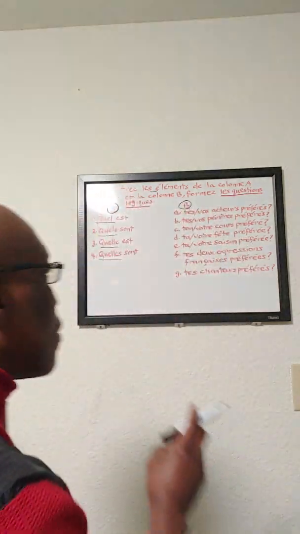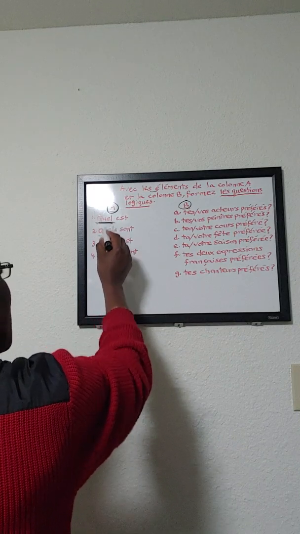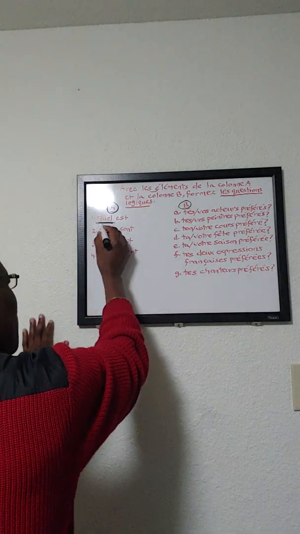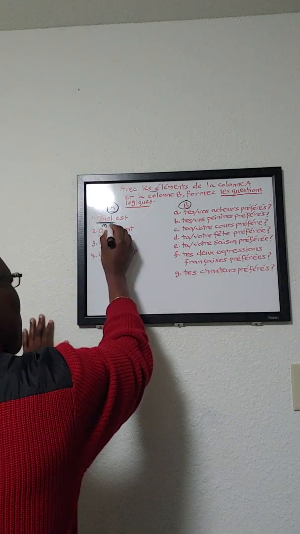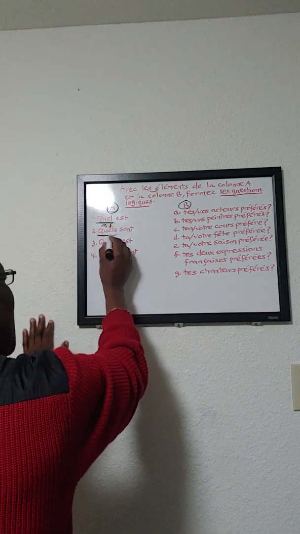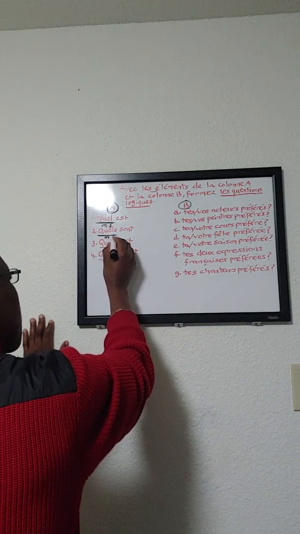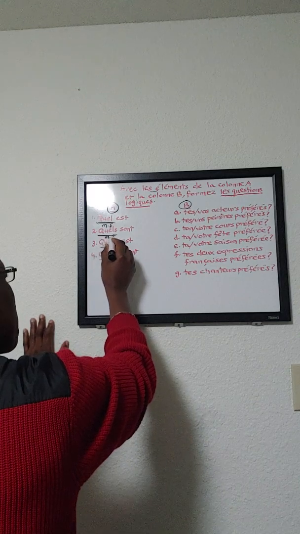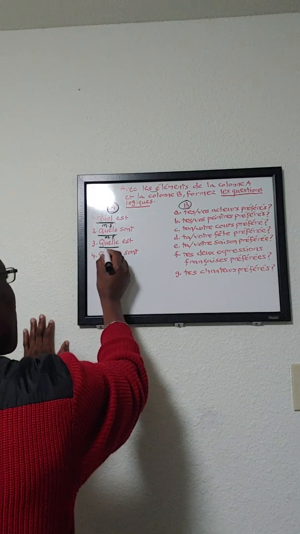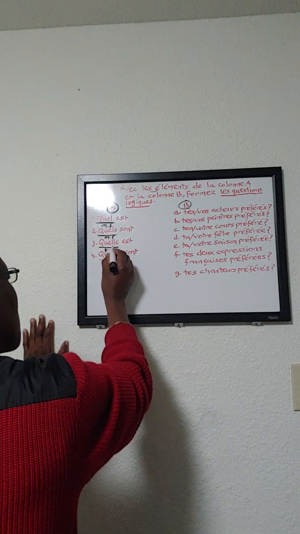Okay, so you will realize that quel here is masculine singular, right? So we will write MS. And then this quels is masculine plural. So we'll write MP. Now, 3, we realize is féminin singulier.